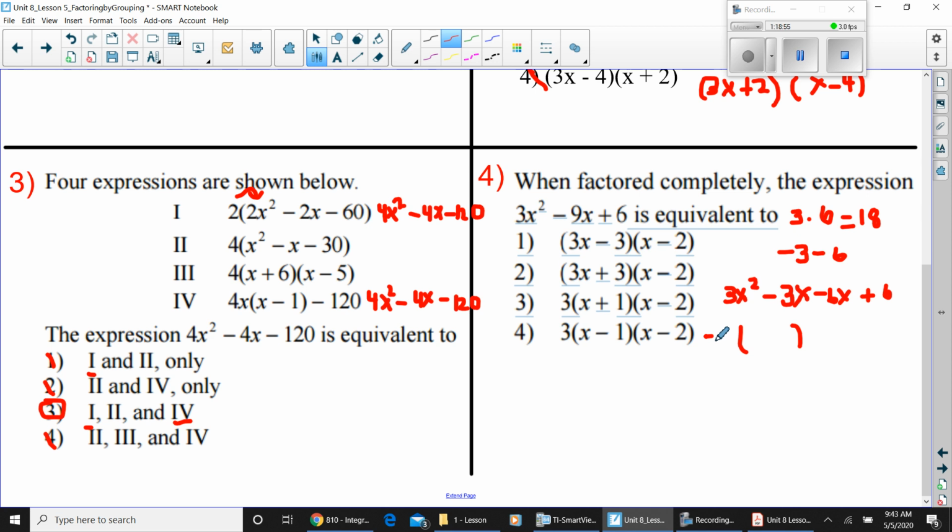Greatest common factor of 3x out for each one. 3x times what equals 3x squared? 3x times x equals 3x squared. And 3x times negative 1 equals negative 3x. So we have 6 coming out.